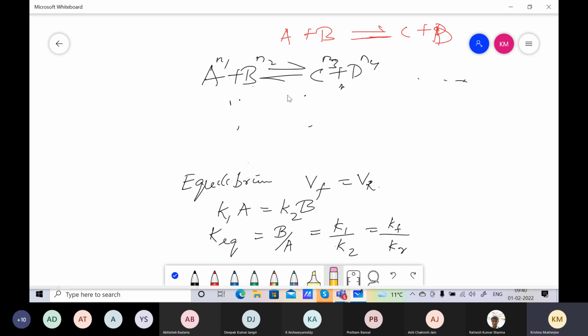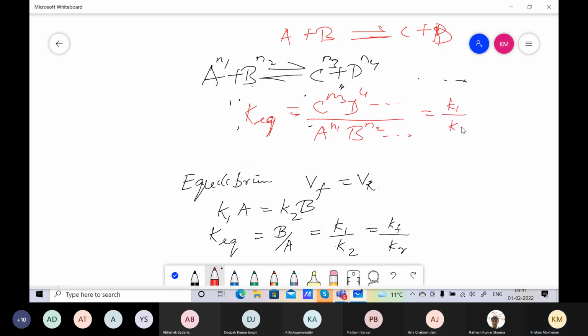Obviously, therefore, in this case, with C plus D and so on, typically K equilibrium is equal to C raised to N3, D raised to N4, and so on and so forth, divided by A raised to N1, B raised to N2, and so on and so forth, right? Which is also, notice, equal to K1 by K2, or K forward by K reverse. Is this all right?